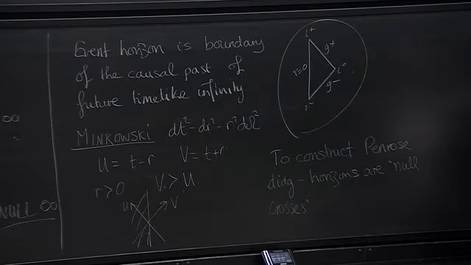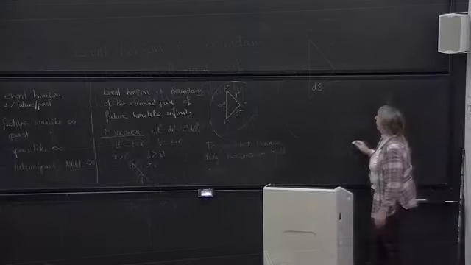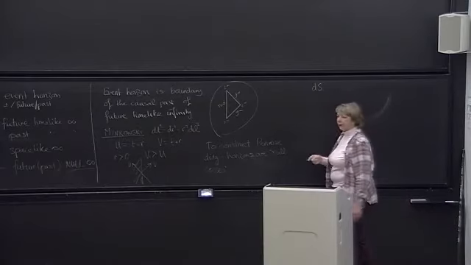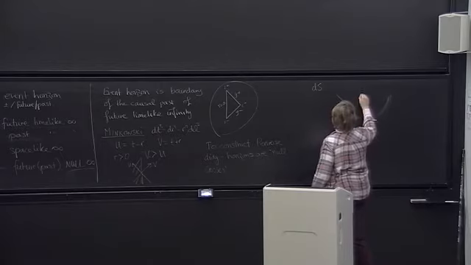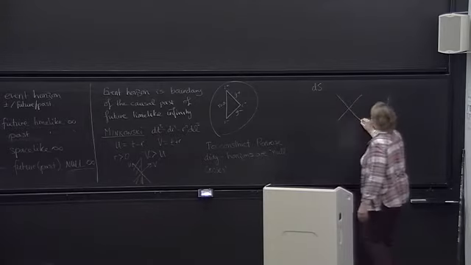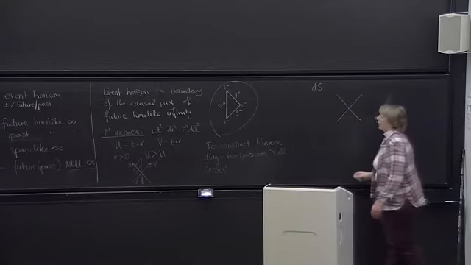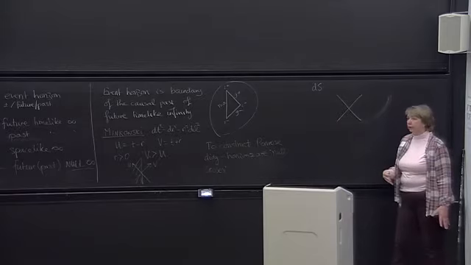So let's take the de Sitter space-time. De Sitter space-time has a causal horizon, so I might start by drawing the cross representing a horizon, but then I have to ask myself what happens beyond that.